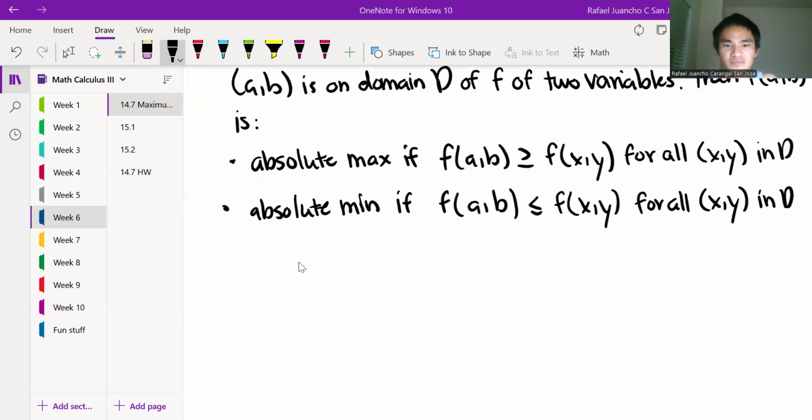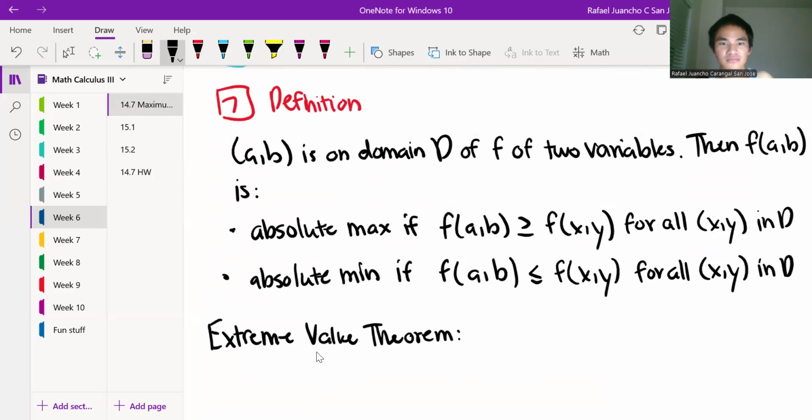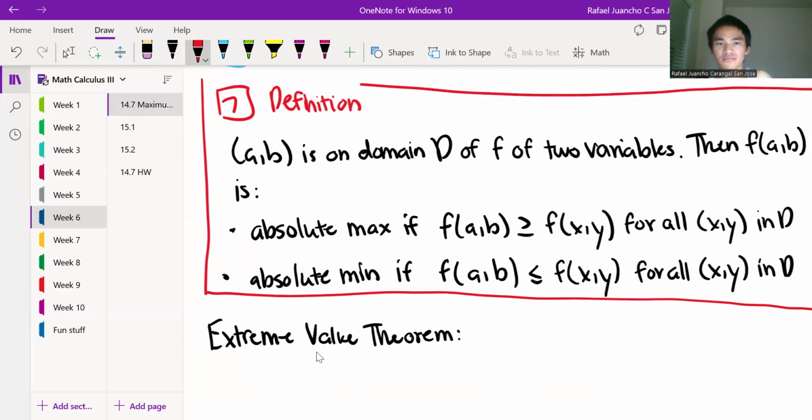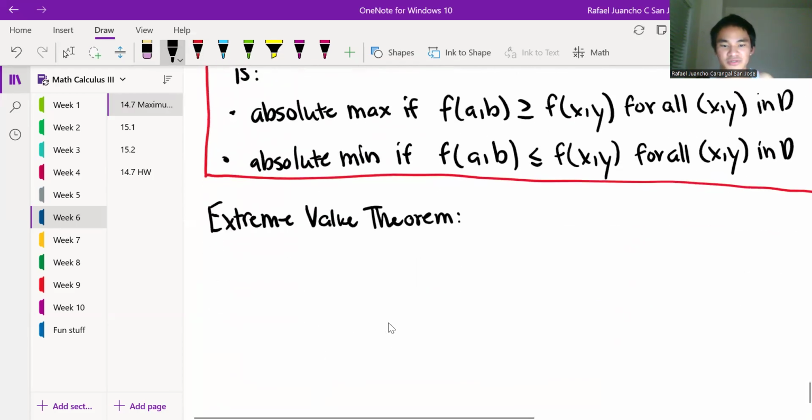And from there, we talk about the extreme value theorem, where if f is continuous on a closed interval [a, b], so this is for a function of one variable, then f has an absolute minimum and a maximum value. So if we go to a recap, what does the extreme value theorem tell us?